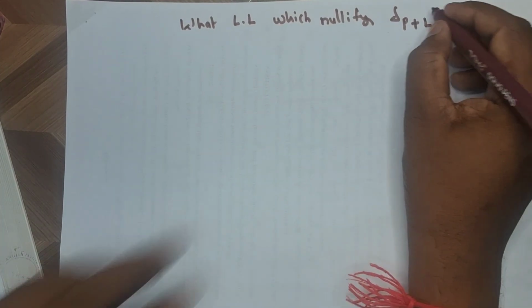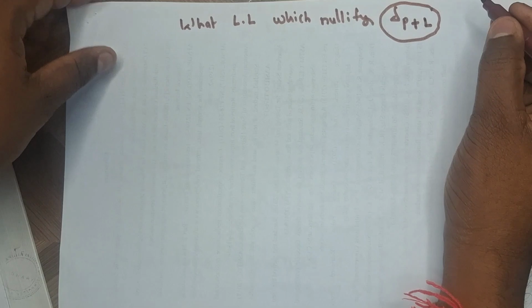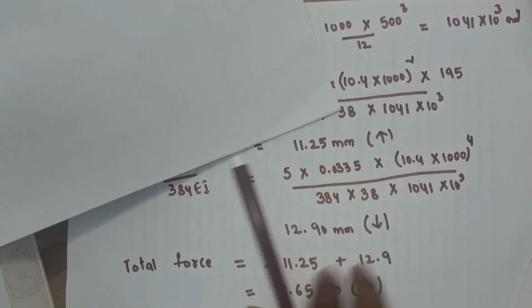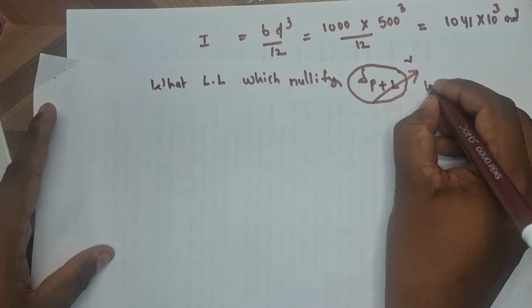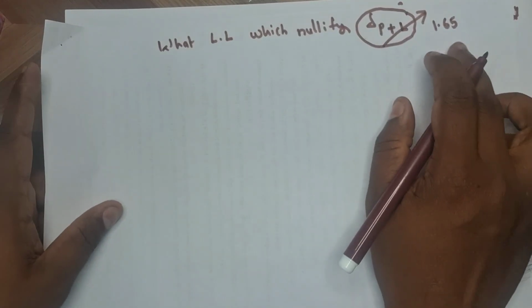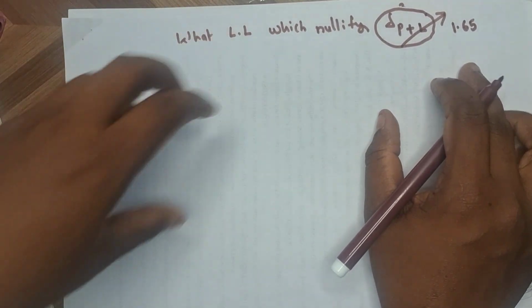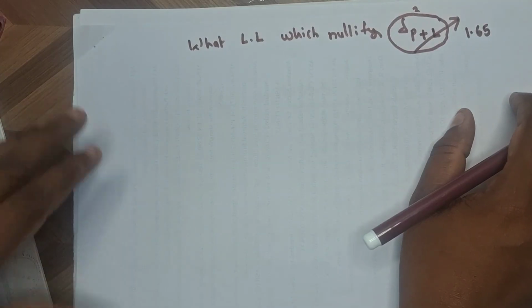We got this value as 1.65, right? To nullify this value, how much live load we need to place on the structure?